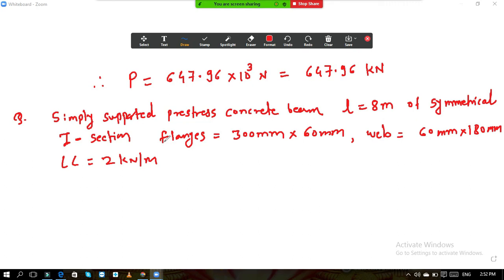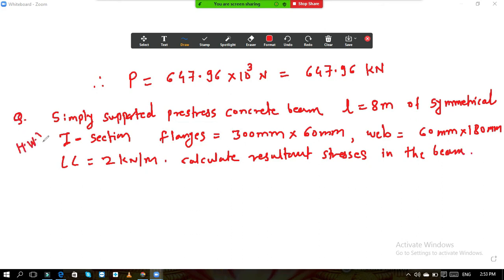So this much data is given, and they have told us to calculate the extreme stresses, the resultant stresses or extreme stresses in the beam. So this is the problem for you to solve.